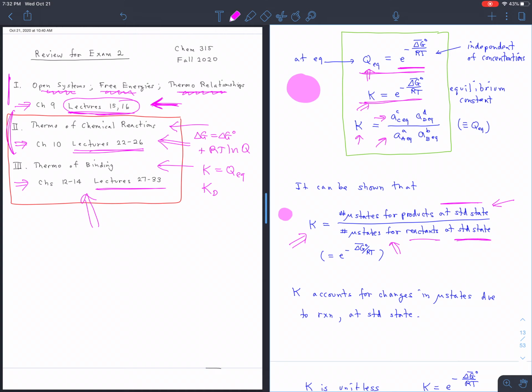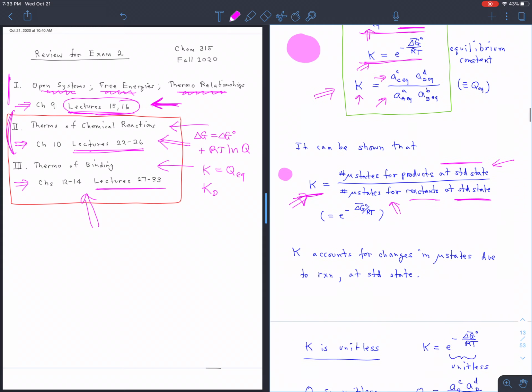It's just how many microstates were there at the end versus how many microstates were there at the beginning. That ratio is the equilibrium constant. And so though we came to the equilibrium constant in a rather roundabout way through all this thermodynamics, the actual physical meaning of the equilibrium constant is very fundamental and very simple. It's just the ratio of microstates available before and after.